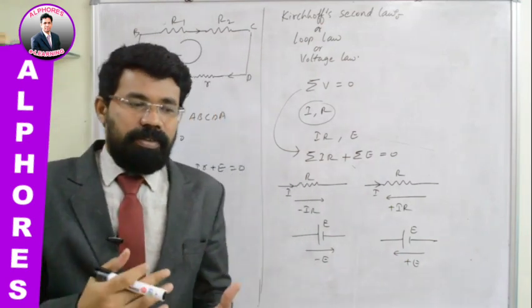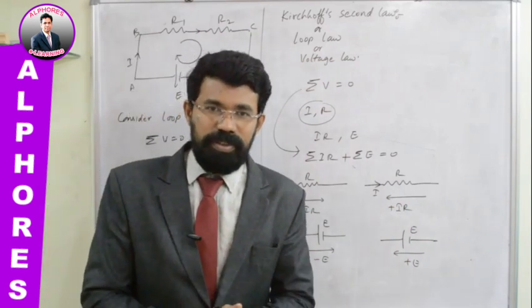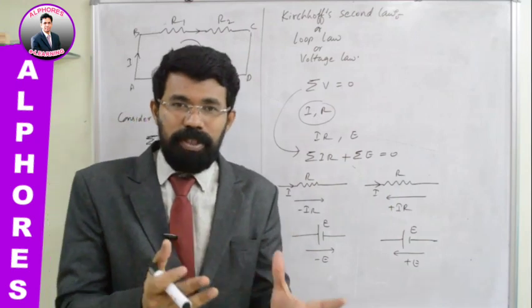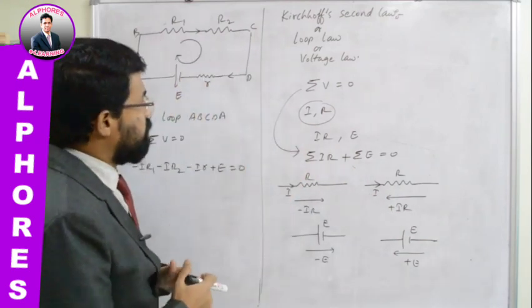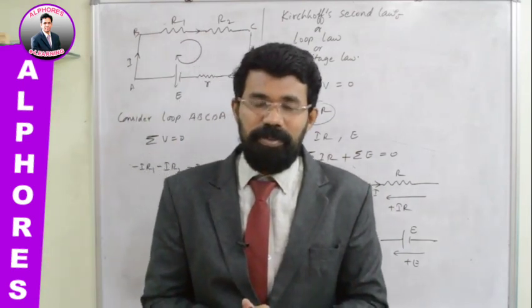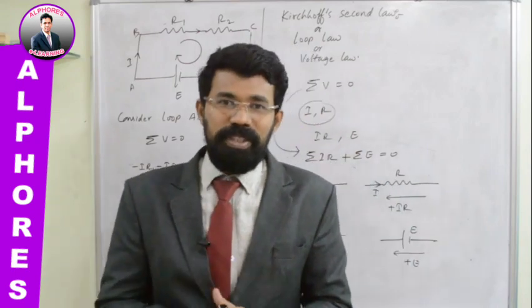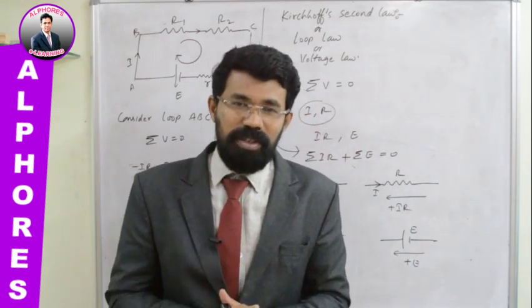Like the way in the case of the junction rule, we have conservation of charge. The junction rule is possible because of conservation of charge. That's what we have concluded, right? Similarly here also, Kirchhoff's second law is possible because of the conservation of energy principle. Why? When I gave you the details of the EMF of a cell, it was very clearly mentioned. EMF is energy.